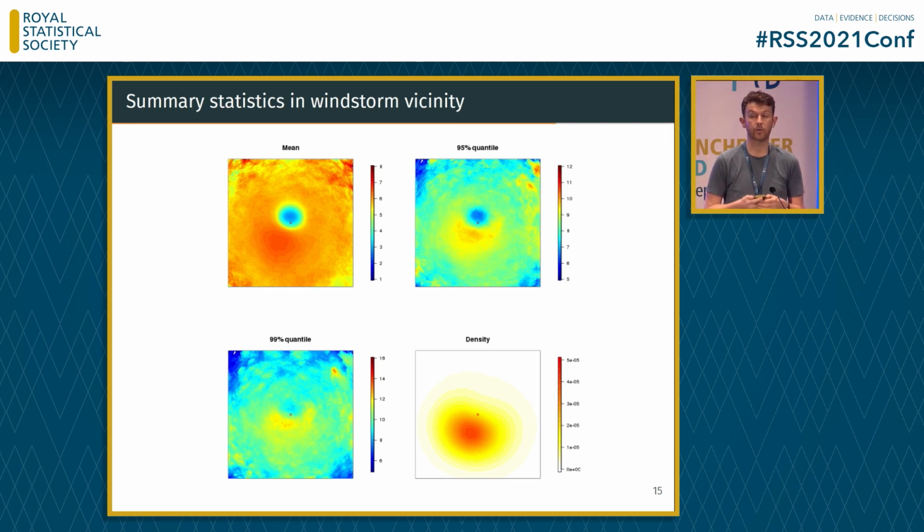Here we've done what's known as a composite analysis, where we've essentially taken all the footprints that we've modeled and superimposed them to form a distribution of winds in footprint space relative to the storm center. We can see that the eye of the storm is pretty visible here.